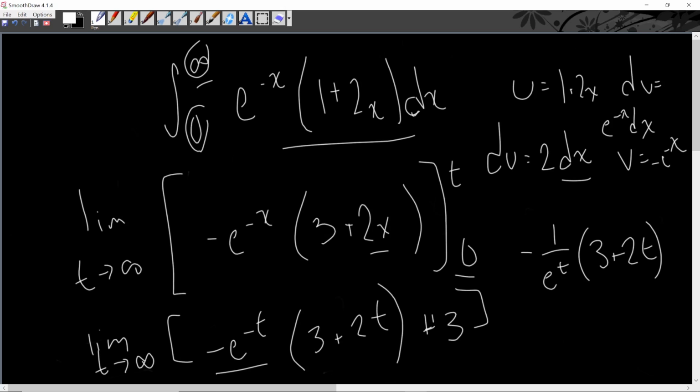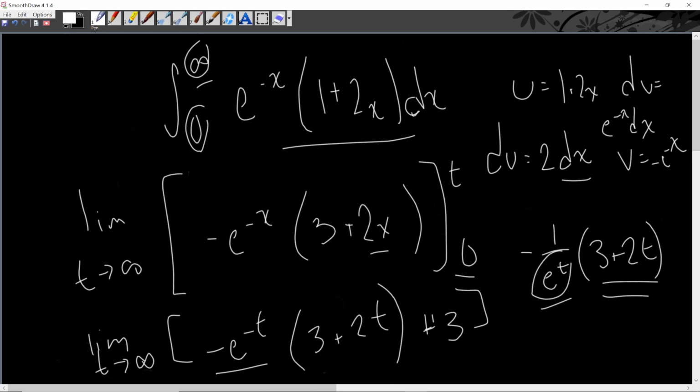Now, if we did t approaching infinity of this, well, we would get infinity, right? If you do e to the power of a very large number, and then you do 3 plus 2 times a very large number, this is going to be infinity, and this is also going to be infinity.